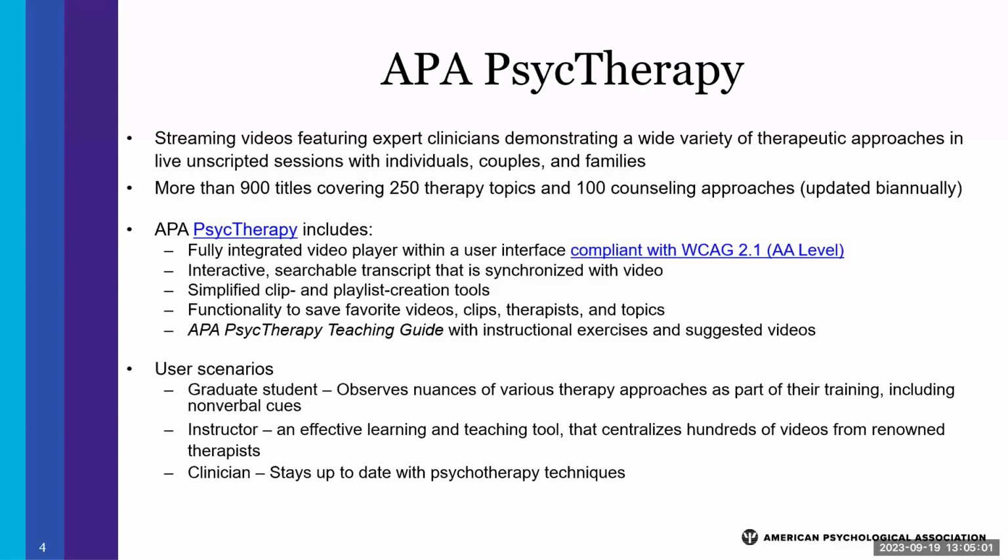Every video is a 45 to 50-minute standard session between a therapist and a counselor and their client or their patient. So we've got almost 1,000 titles in this database now for you.